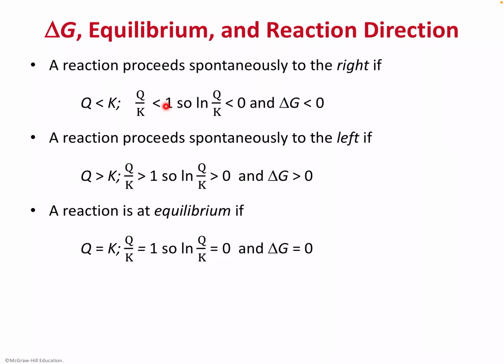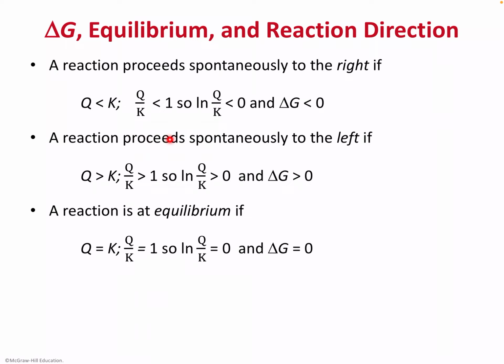If you have a value less than 1, the ln of Q over K is going to be less than 0. So delta G also will be less than 0. Okay.